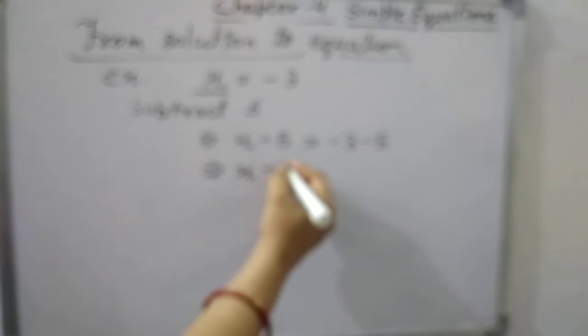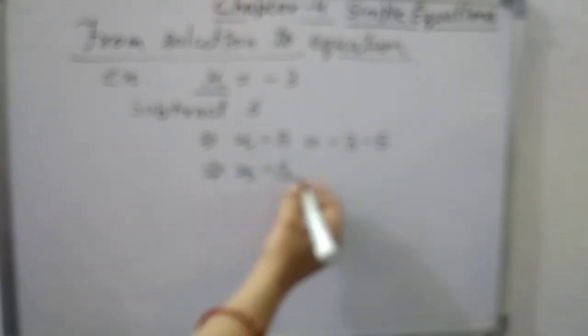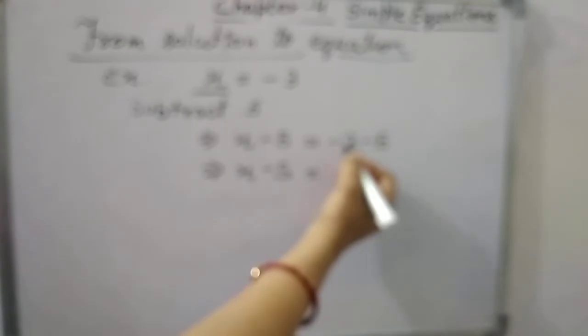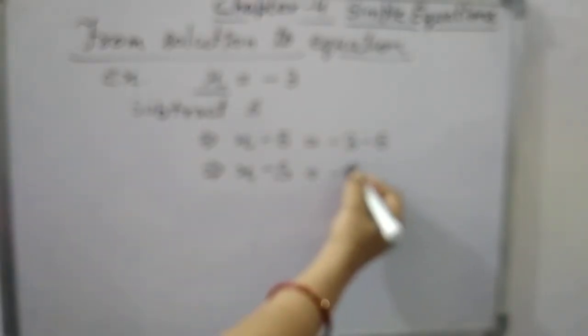Now we can calculate this -3 and -5. So in next step, we will write down our LHS as it is and we will calculate value of RHS. -3 minus 5 is -8. So this is an equation formulated from the given solution x equal to -3.